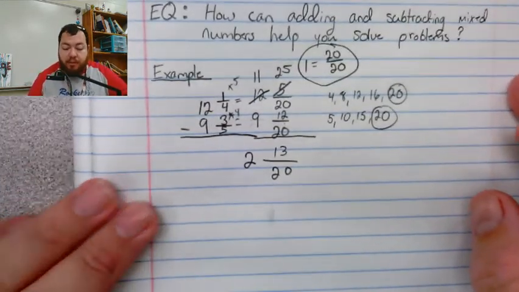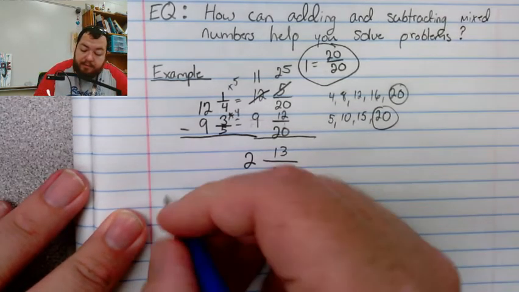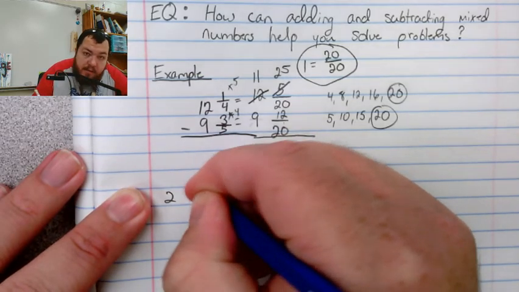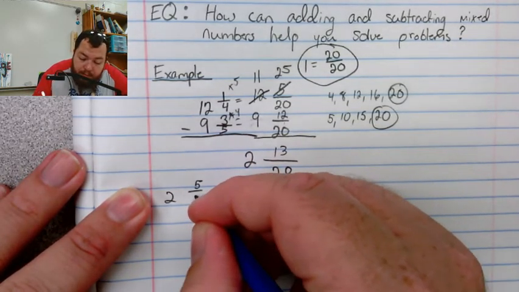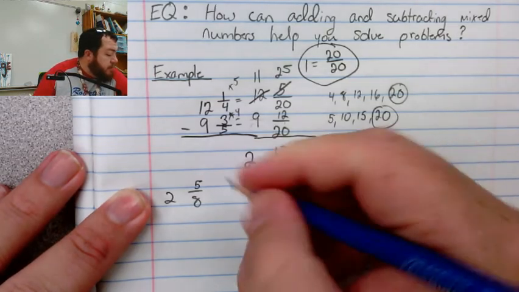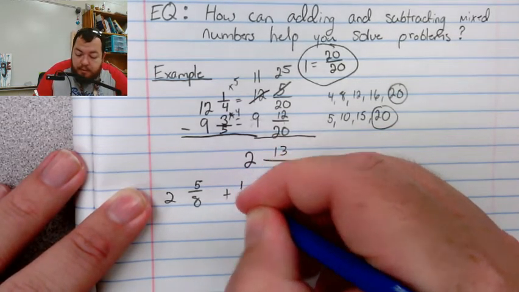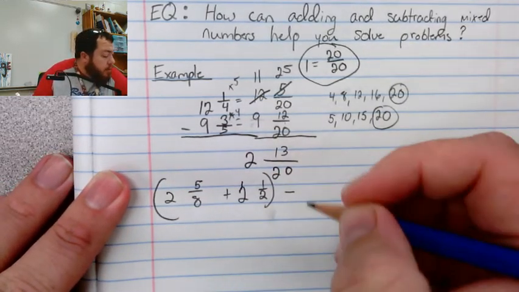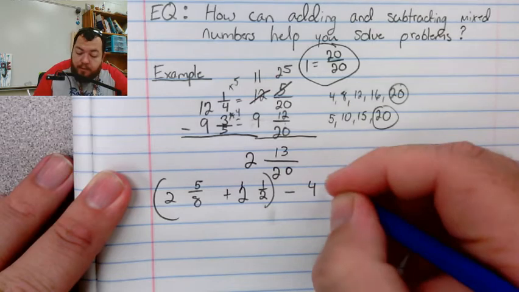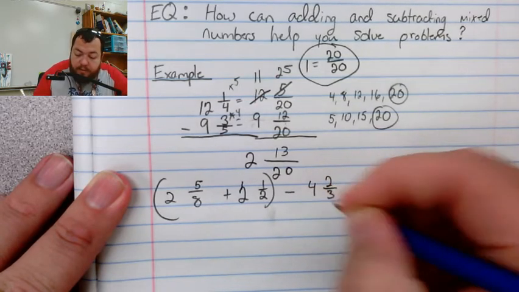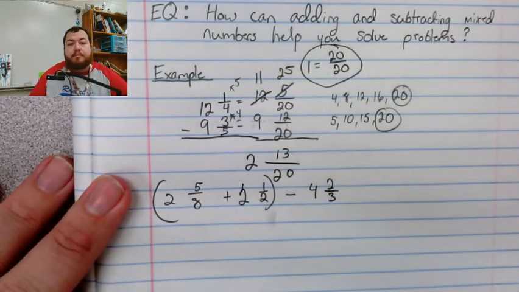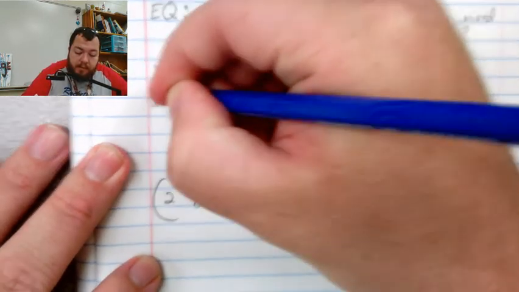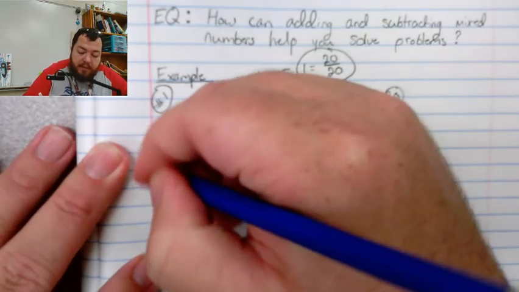And number 20 is originally written like this. 2 5/8 plus 2 1/2 parentheses minus 4 2/3. Okay? So this would be example number 1. And then this would be example number 2.